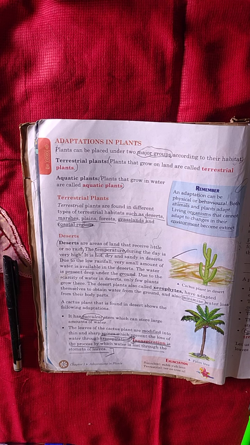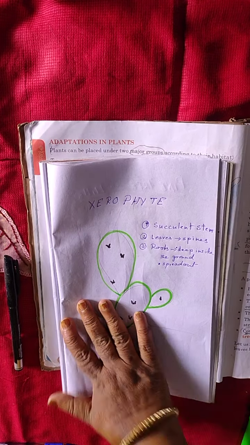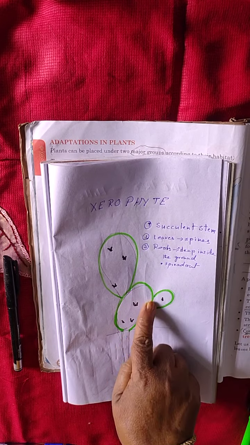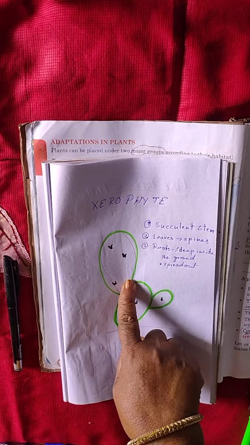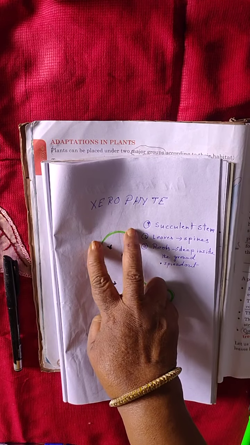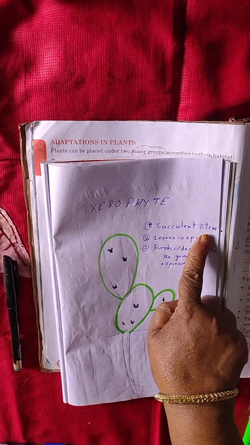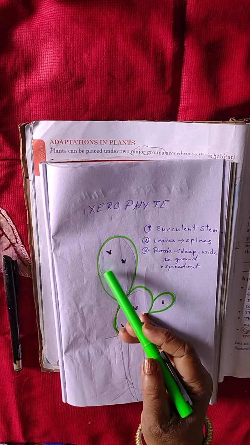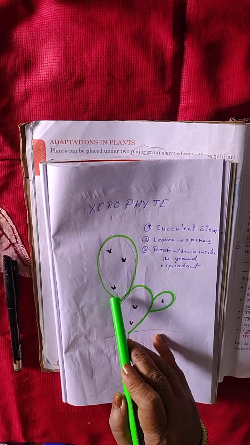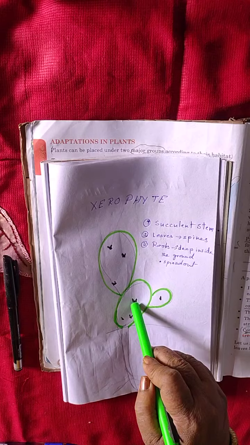Now I will show you how the cactus plant looks. These are not the leaves of the cactus plants. These are the stems of cactus plants, which we call the succulent stem. And these are the spines, which is actually the leaf.